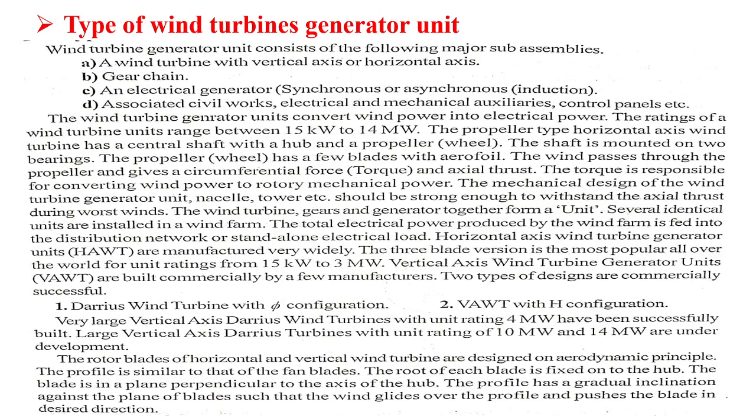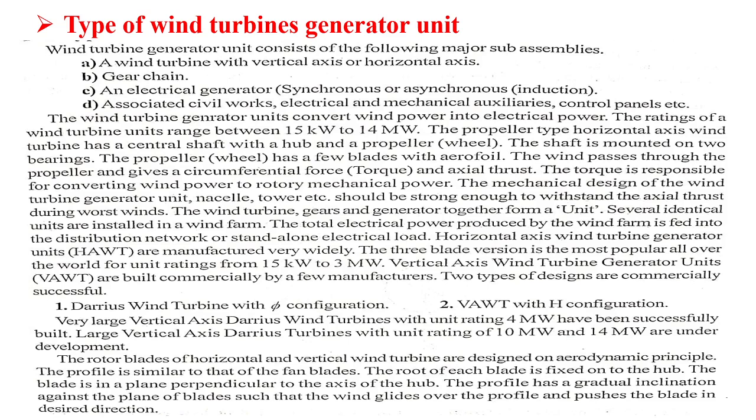The torque is responsible for converting wind power to rotary mechanical power. The mechanical design of the wind turbine generator unit, nacelle, tower, etc., should be strong enough to withstand the axial thrust during worst winds.